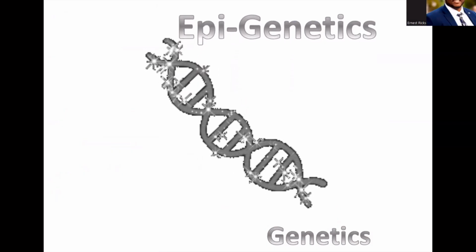It means that there are factors outside of the nucleotides that can play a major role in how genes are expressed, how genes are either turned on or turned off. And through epigenetics, you'll see how the environment plays a role in how genes are expressed or not expressed.